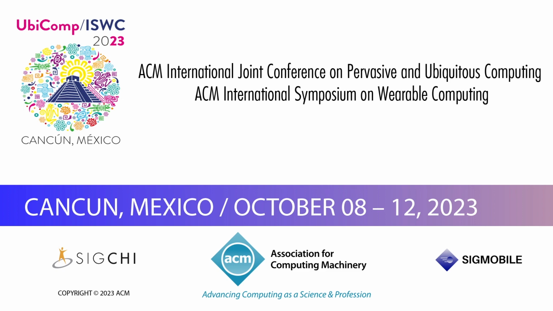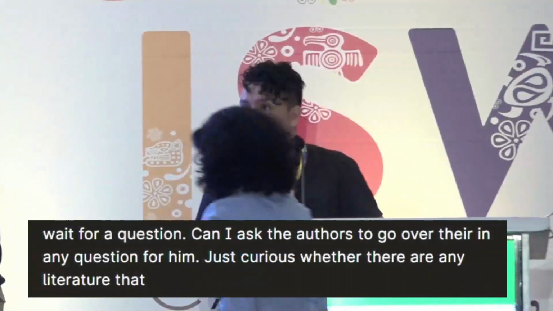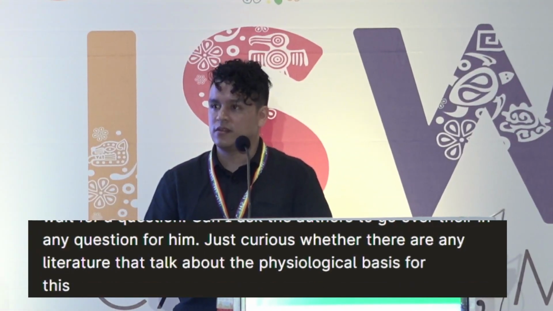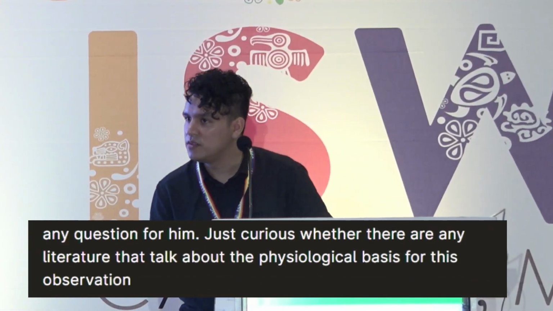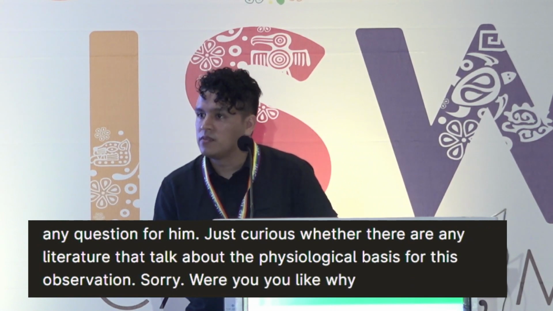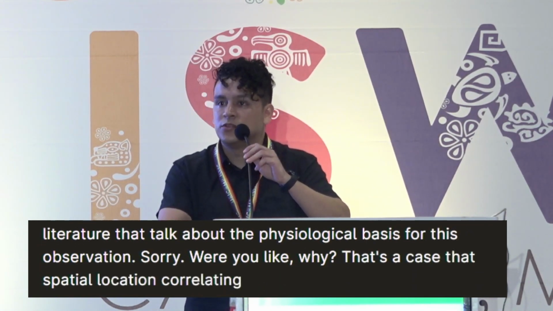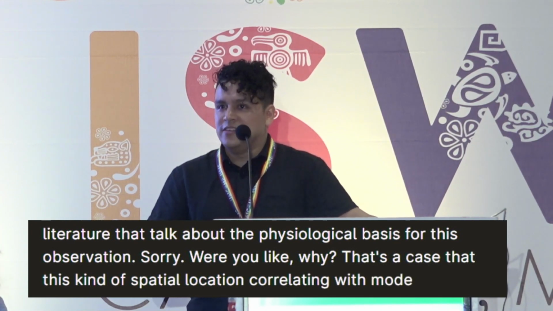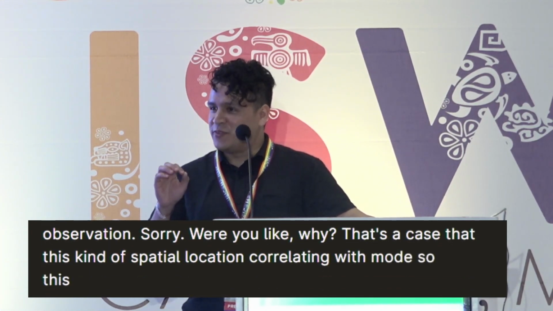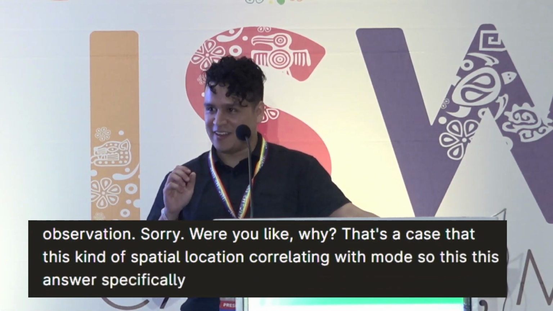Just curious whether there is any literature that talks about the physiological basis for this observation. Why that's the case, this kind of spatial location correlating with mood. So this answer specifically, I don't have.